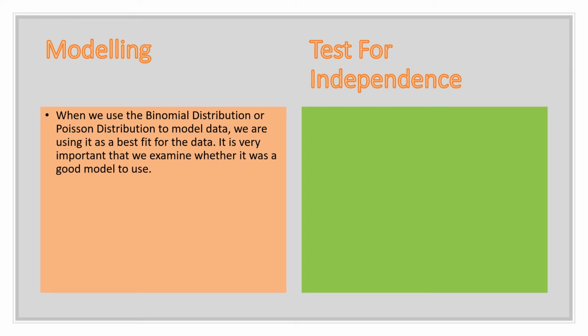So basically, when you've done the binomial and the Poisson distribution, you've often been asked whether the distributions are good models to use for the data that you've been presented with. And you've mainly done that by eye so far, especially with the Poisson that we covered earlier in the year. Whereas really we need to know significantly whether it's a good model, and the chi-square distribution can do that for us.